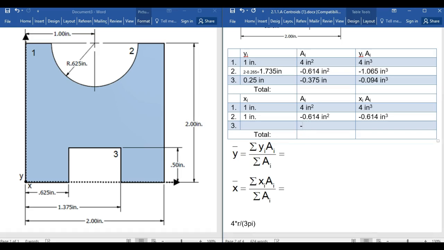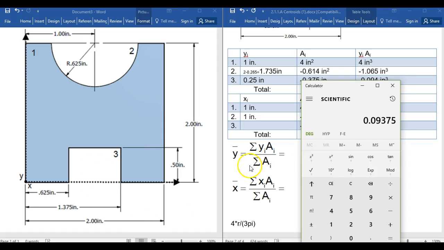We can come down here now and address the x-axis. The area is going to be the same, so I'm going to fill that in first. 0.375 is our area. And now our x-centroid location. Let's address it for just the box first. So if the box is 0.75 inches across, we have to divide that in half to get our x-centroid location.